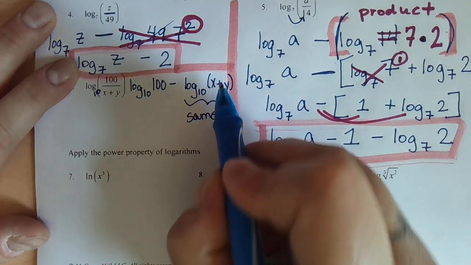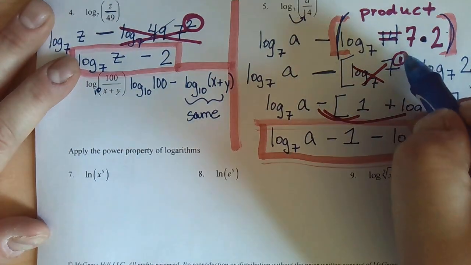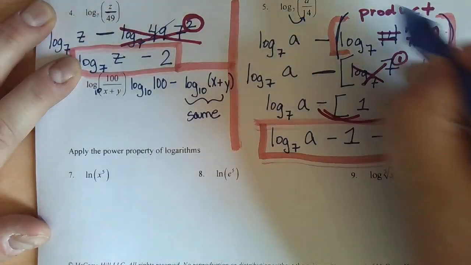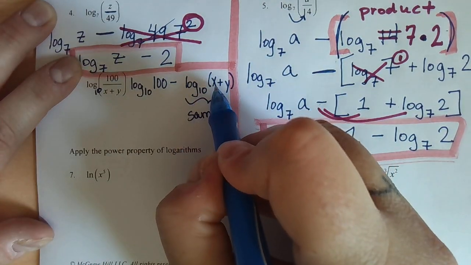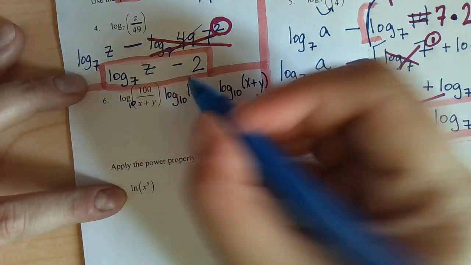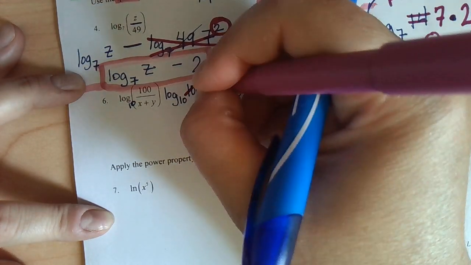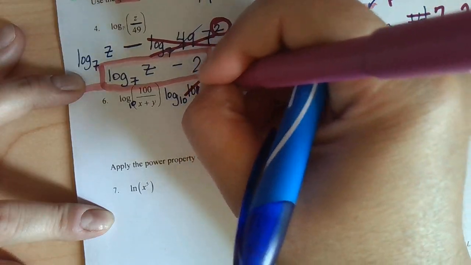If it would have had a multiply dot, then we would have kept working. Or if we could have turned it into a multiply dot, like we did with this 14, we turned it into 7 times 2, that's when we keep working. But I don't see a multiply dot. Okay, so let's maybe try simplifying. This log 10 100, well, 100 is the same as what? 10 squared?